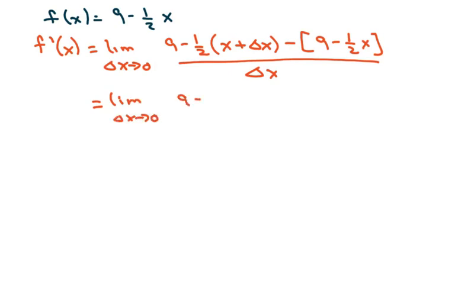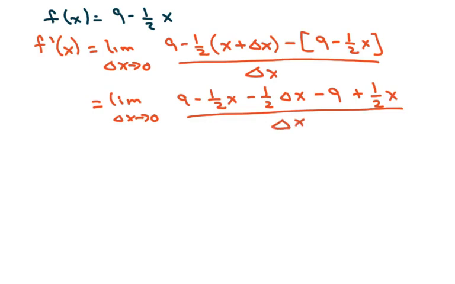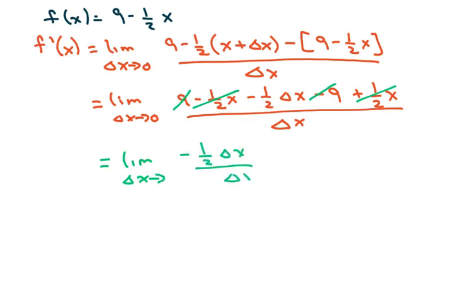You get 9 minus 1/2 x minus 1/2 delta x, and then distribute that negative. Now everything should cancel that doesn't have a delta x in it. So 9's cancel, those cancel, and you're left with negative 1/2 delta x over delta x. The delta x cancels, so you get negative 1/2.